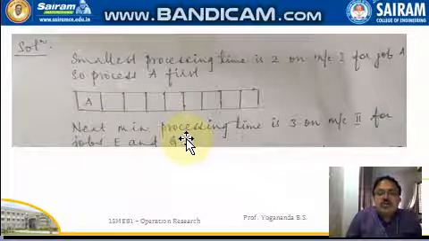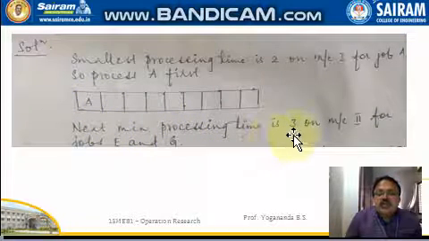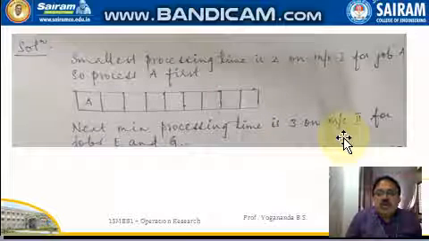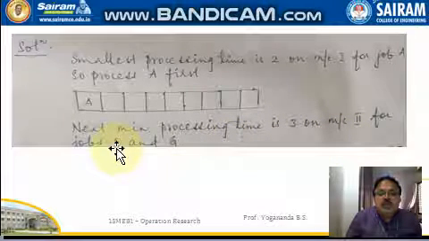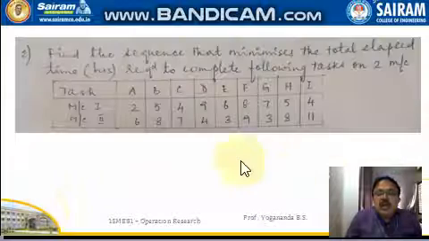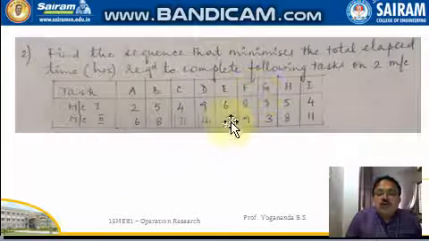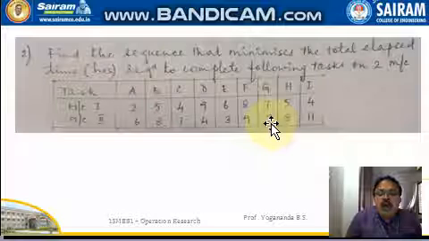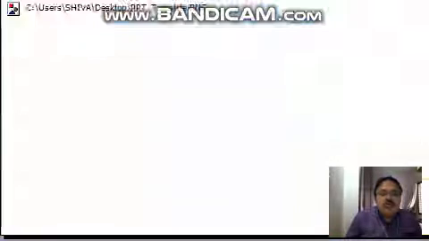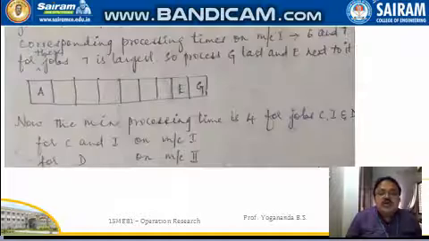The next minimum processing time is 3. That is on machine 2 for the two jobs E and G. We have a tie between this 3 and this 3. What do we have to do in this type of situation?